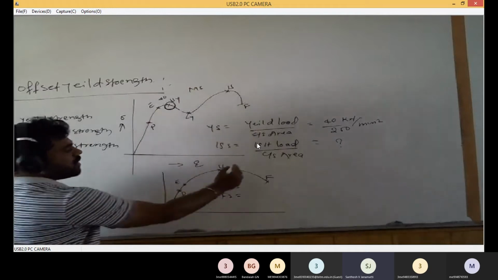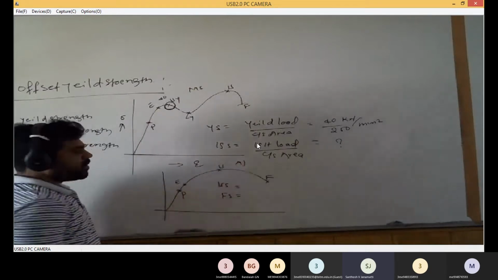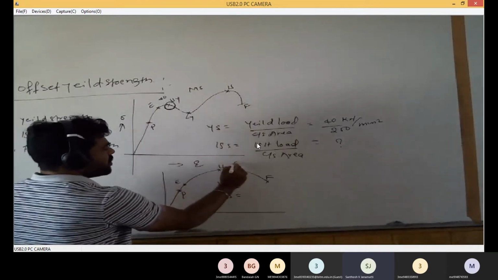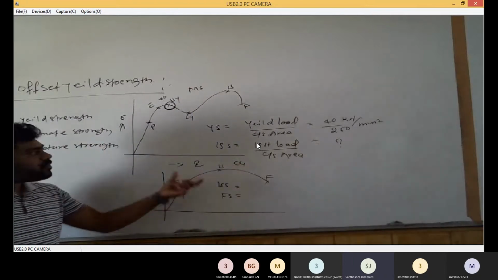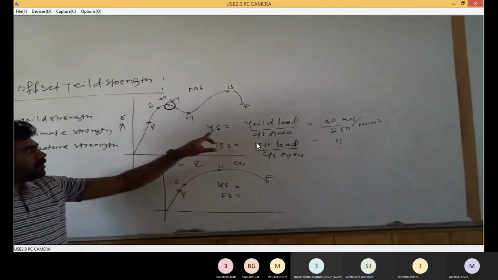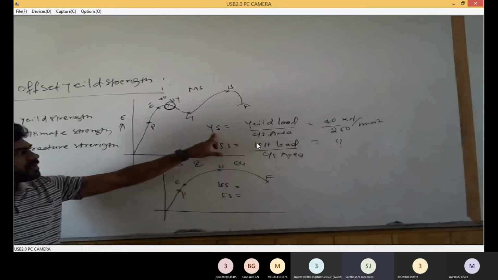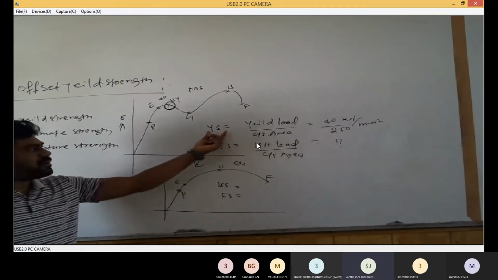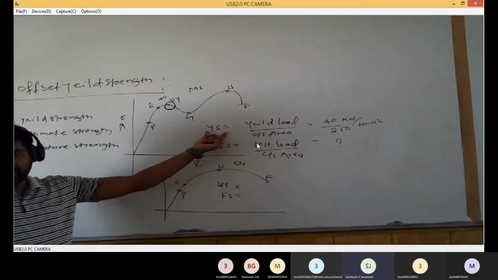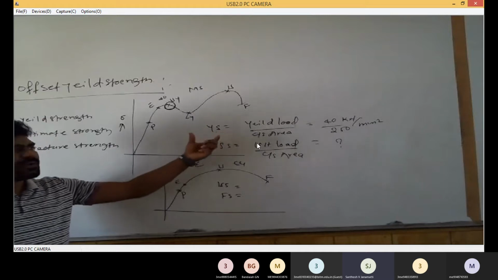For example, this is one of the non-ferrous materials, copper or aluminum. You can take it as copper. Where is the yield point? I have to calculate the yield also, because this is the first step: finding the yield point of that particular material.